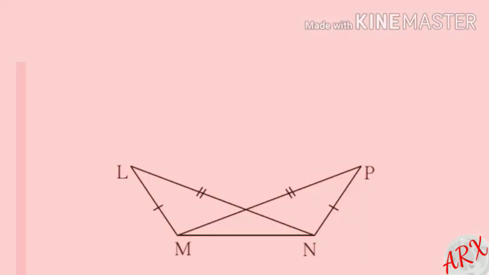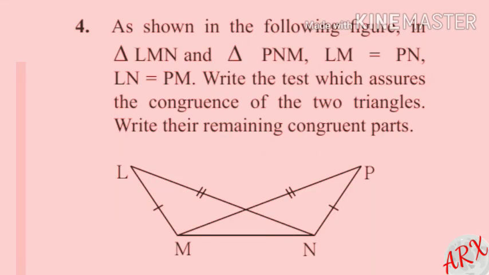Now we will move on to question number 4. As shown in the following figure, in triangle LMN and triangle PNM, LM equal to PN equal to PM, write the test which assures the congruency of the two triangles. Write their remaining congruent parts.